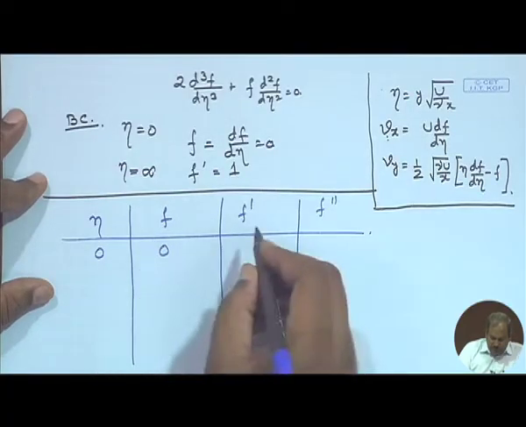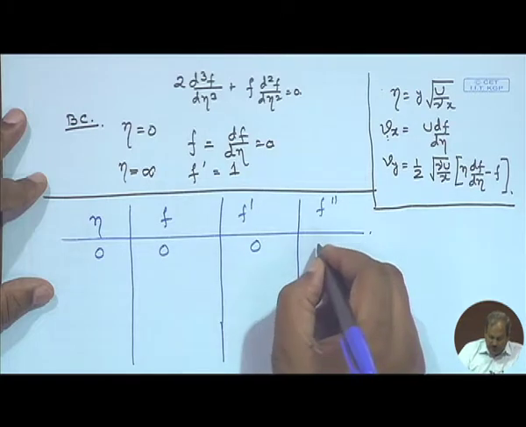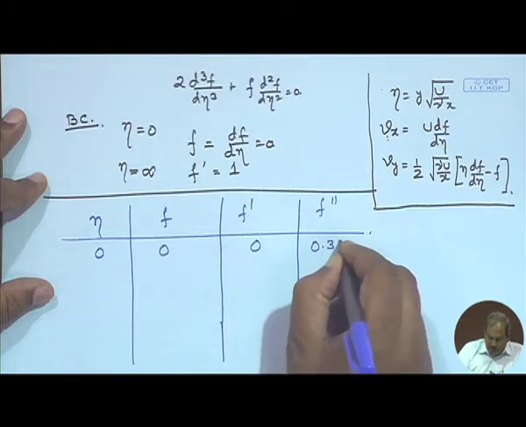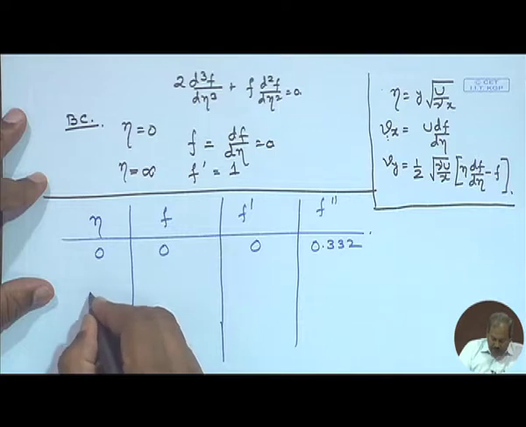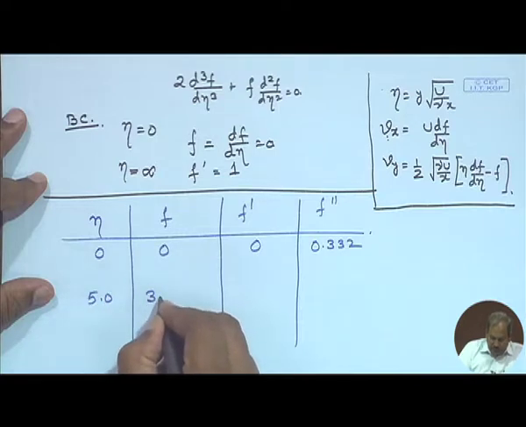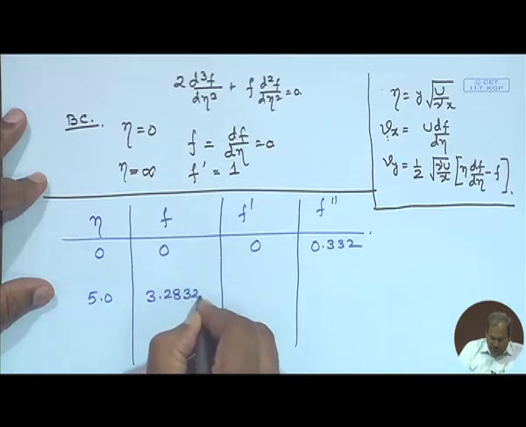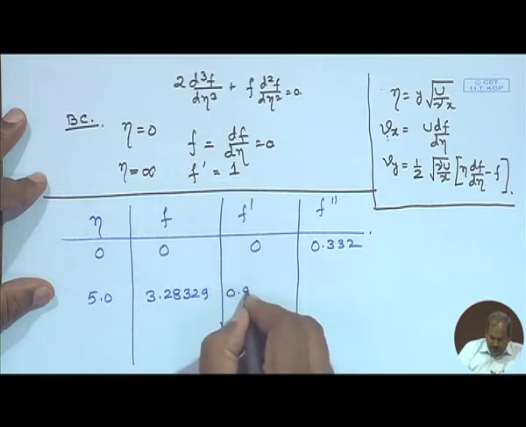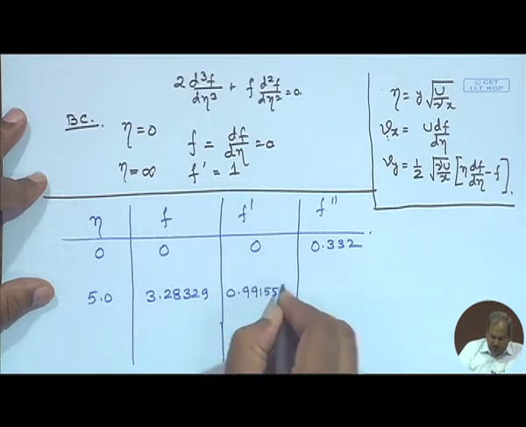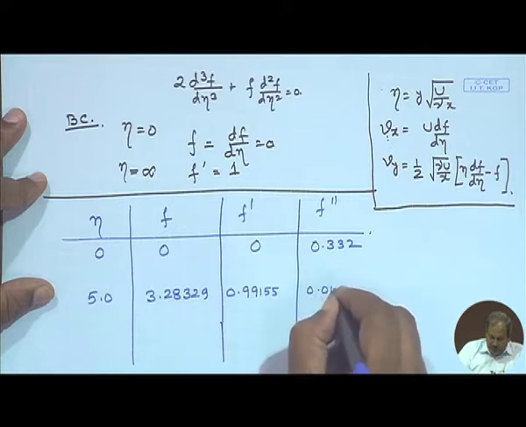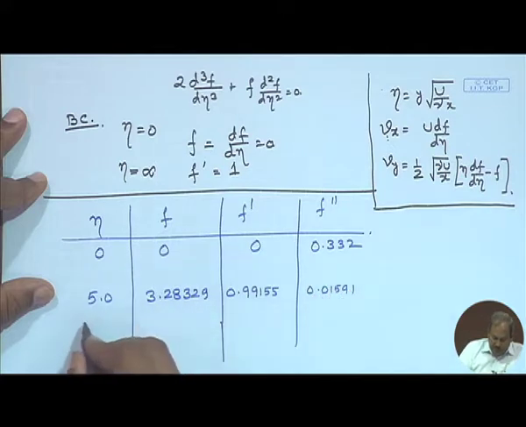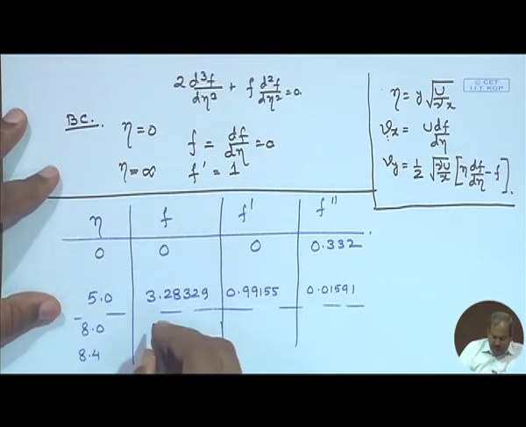So this turns out to be 0, this is 0, and this would be 0.332, and 5.0, 3.28329, 0.99155, and 0.01591, and some other values which we would subsequently use in a tutorial class.